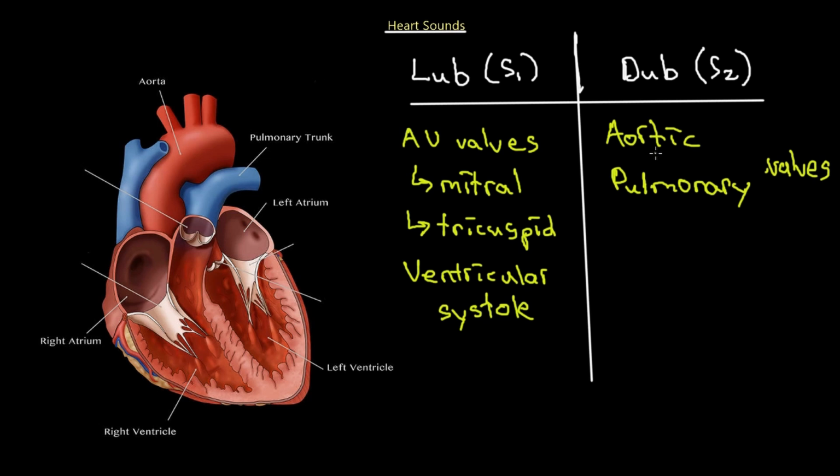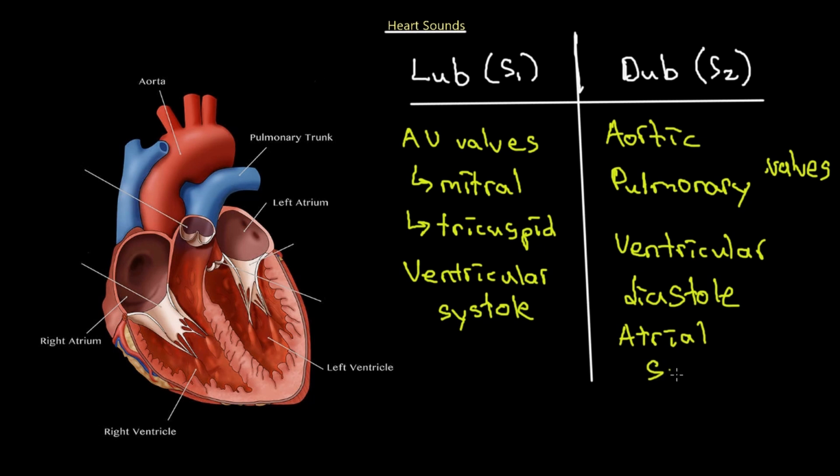It's the shutting of the aortic and pulmonary valves. And of course, this occurs once we have ventricular diastole. So the filling of the ventricle. And it's going to be during atrial systole.